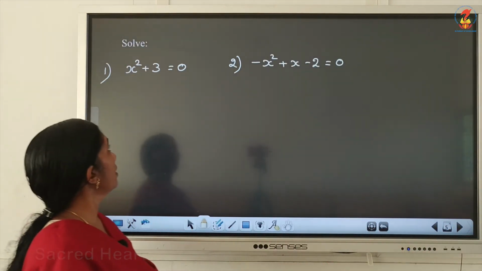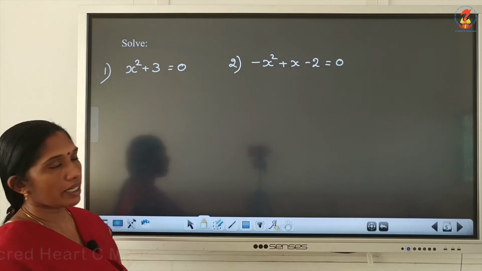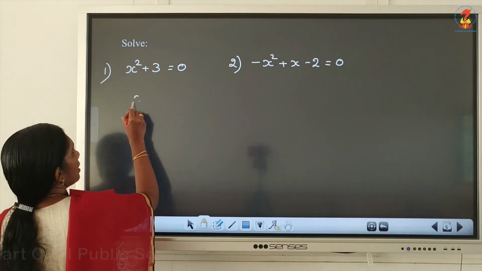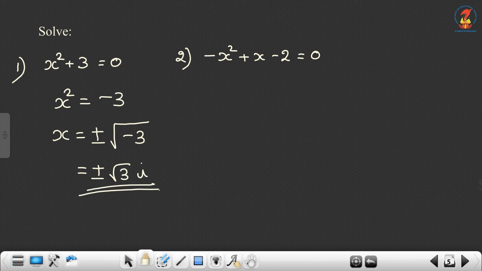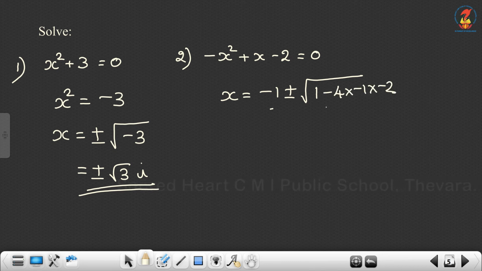Now, the next one, solve x square plus 3 is equal to 0. So, x square is equal to minus 3, x is equal to plus or minus root of minus 3, that is same as root 3I. Okay. Here x is equal to minus b, that is minus 1 plus or minus root of b square minus 4 into minus 1 into minus 2 by 2 into minus 1.